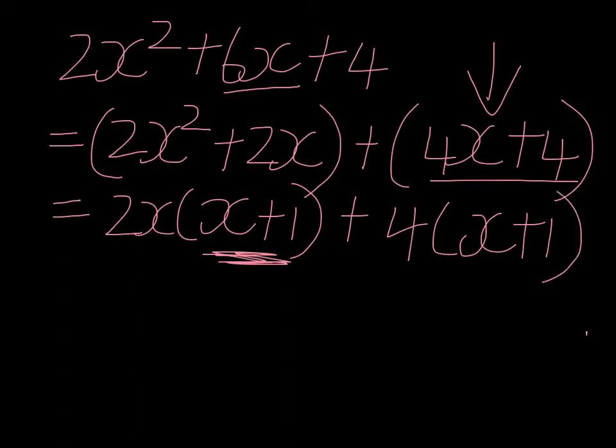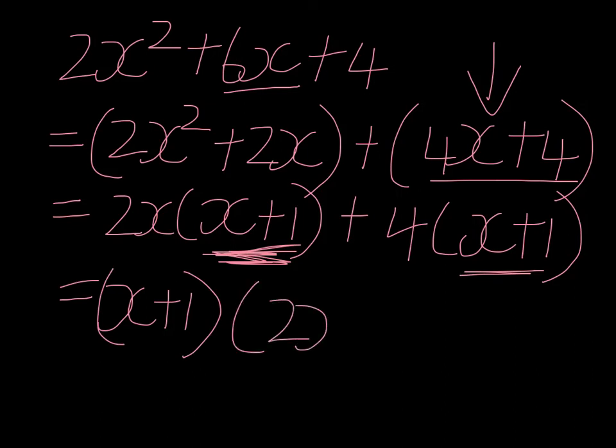So we know that we're on the right track. So we've got x plus 1 in both places here. That's going to be our common factor, x plus 1. And we're left with 2x plus 4. And there we are, we're completed.